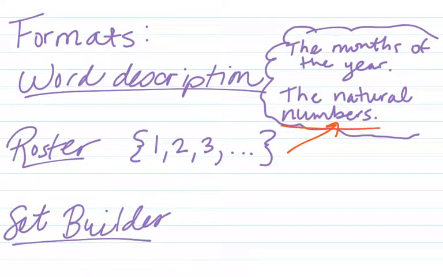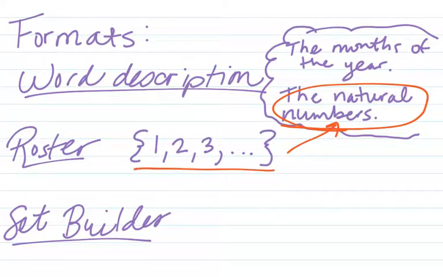So saying the natural numbers is describing it in word descriptions. If I were to write it out like this, this is the roster form. If I were to write it like this and say 1, 2, ... and then say 9, those would be the natural numbers from 1 to 9.